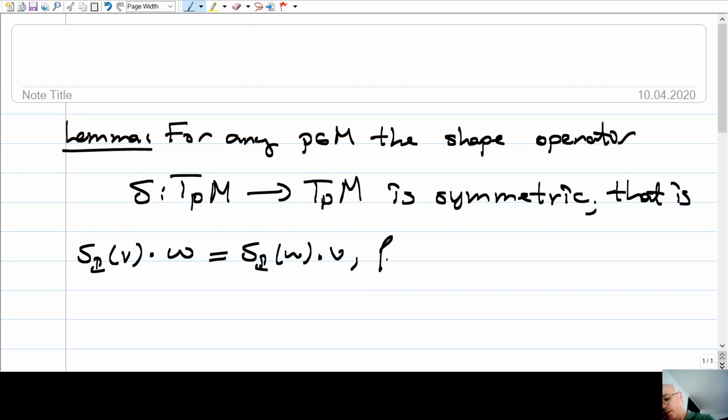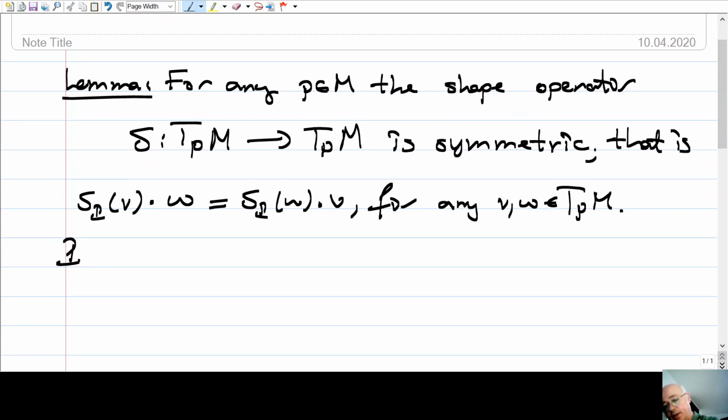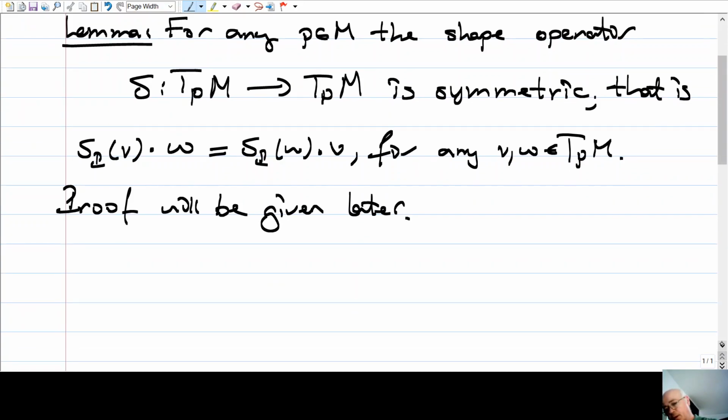For any vectors u, v, and w in the tangent space of M, S_P(v) dot product with w is the same as S_P(w) dot product with v. As I said, the proof will be given later. Okay, so let's just keep in mind this lemma.